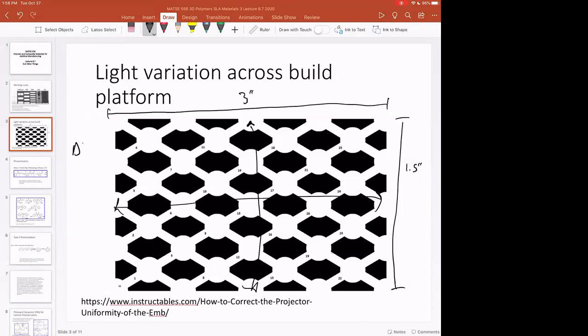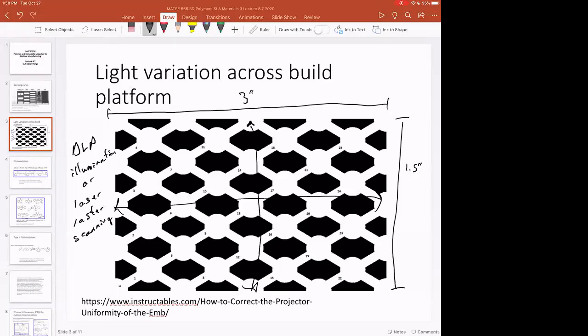So for DLP illumination, or laser raster scanning, because the light has to travel a different length and the optics are slightly different, how the angle of incidence of the light hits the window, the intensity of the light can vary across the build platform.